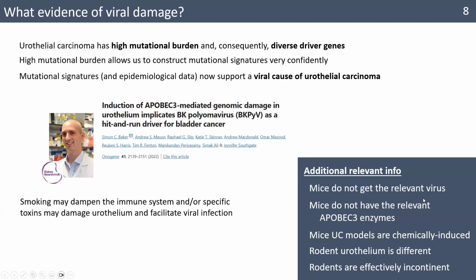They don't get a virus that's analogous at all. So the models that we have in mice of bladder cancer are all induced by chemicals, which create really aggressive cancers that develop very, very quickly, which isn't matching the disease progression at all. And actually there are quite a few differences in the urothelium and the bladder function of rodents.